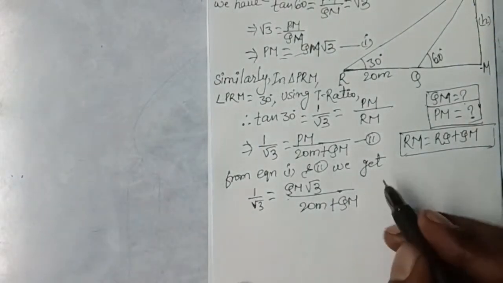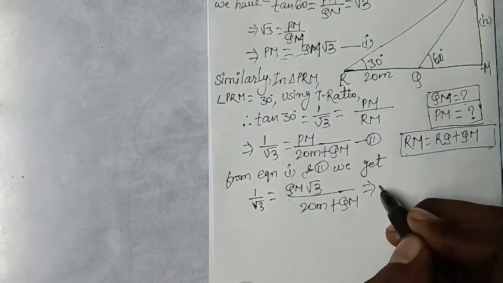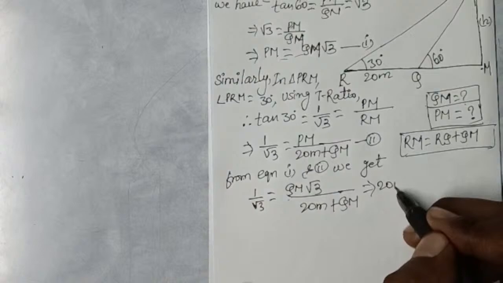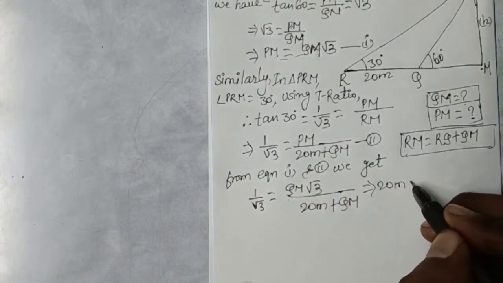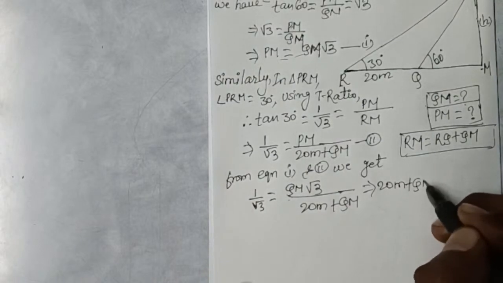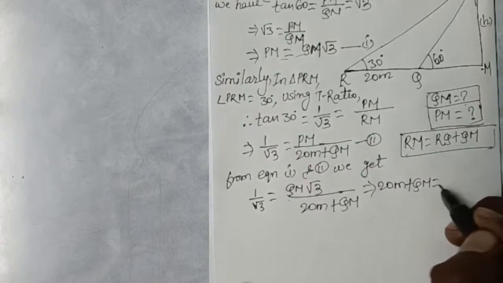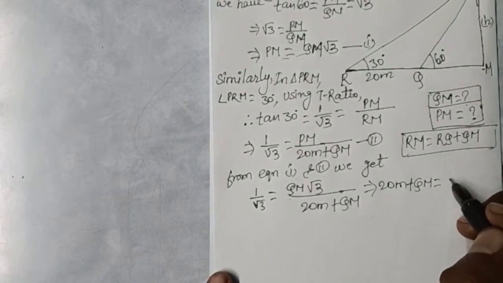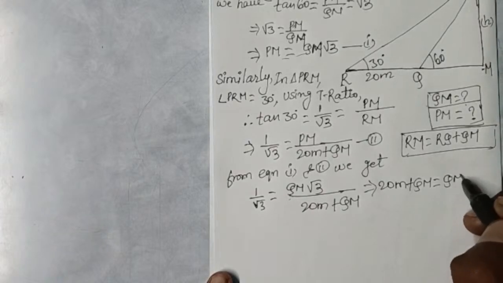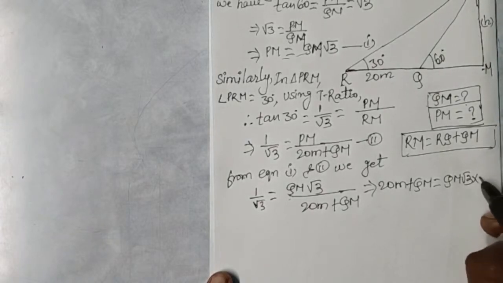On cross multiplication we will get 20 meter plus QM equals QM root 3 into root 3.